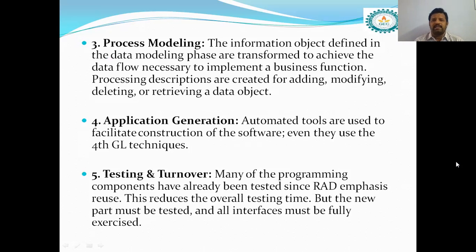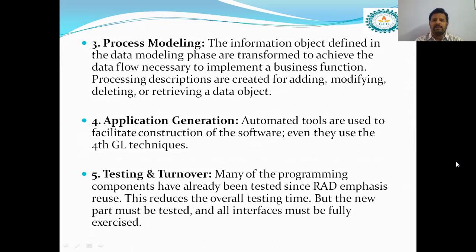We are extracting the entities and attributes. That is the data we get from the data modeling phase, and all the attributes and entities are transformed into the data flow that is necessary to implement the business functions, right? The processing descriptions are created for adding, modifying, deleting, or retrieving the data objects.